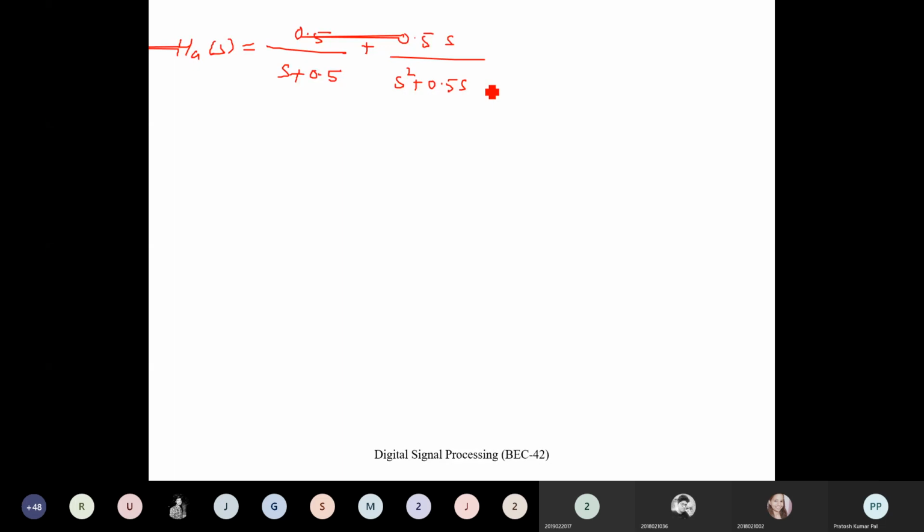Okay, so after replacing these values, we get the Z transform formula, and after simplification, we finally get H of Z. So this will be your transfer function of the digital filter. Okay.